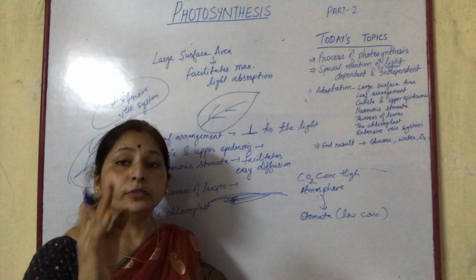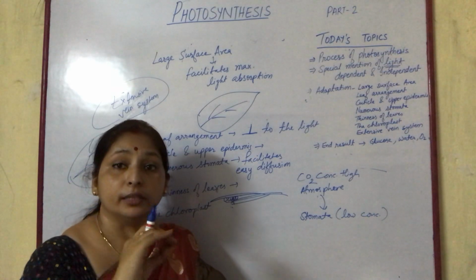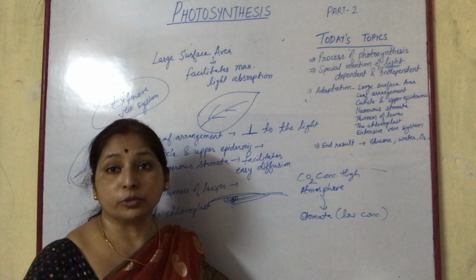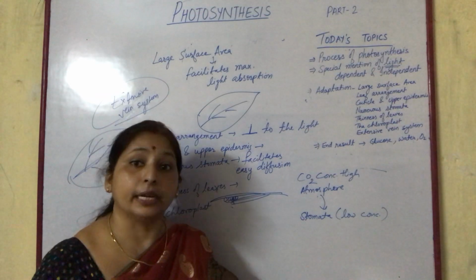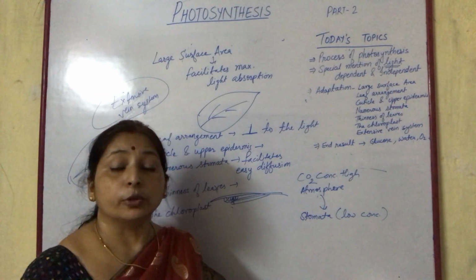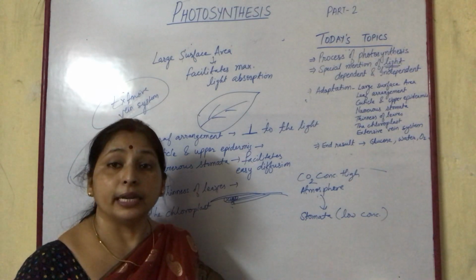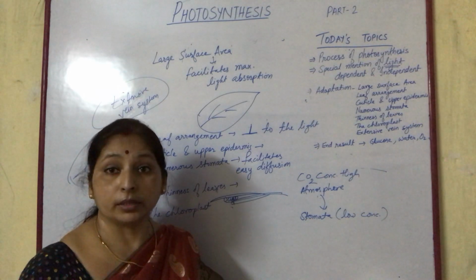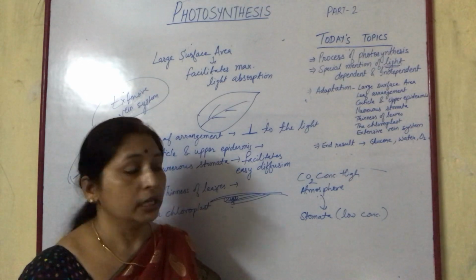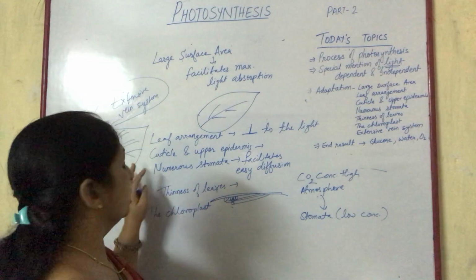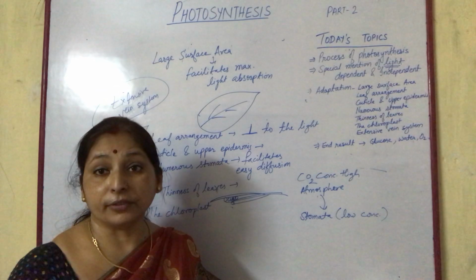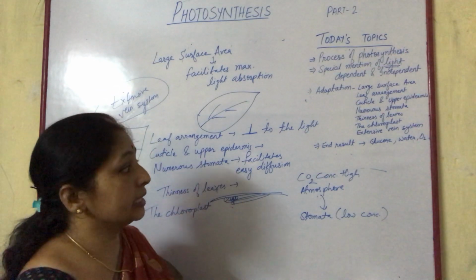Mesophyll and phloem are interconnected; the veins connect these two areas, the mesophyll of the leaf and the phloem, for the translocation of food formed in the mesophyll to the other parts, and to draw water from the xylem up to the leaf. So this easy distribution of substances is facilitated by the extensive vein system.